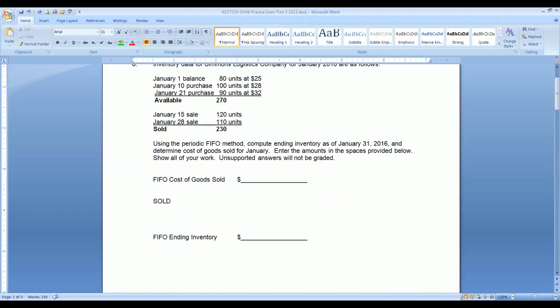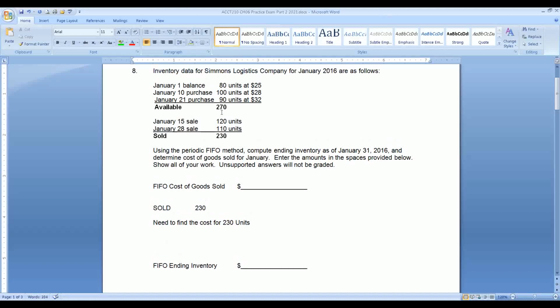So we sold 230. Okay, so we need to find the cost for 230 units.